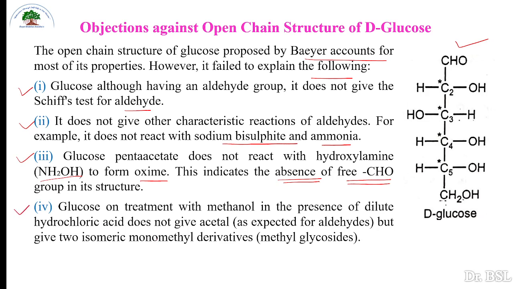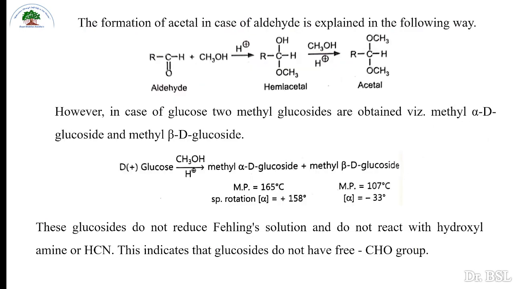Fourth point: glucose on treatment with methanol in the presence of dilute HCl, that is hydrochloric acid, does not give an acetal as expected for aldehydes, but gives two isomeric monomethyl derivatives, that is methyl glycosides. The formation of acetal in the case of an aldehyde is explained in the following way.